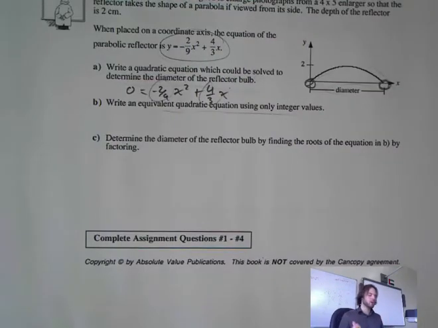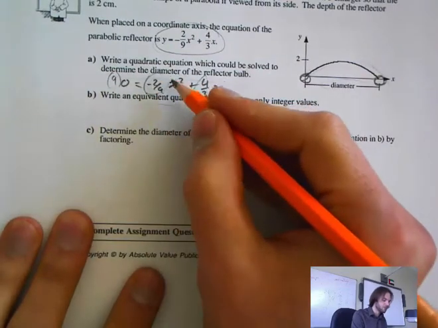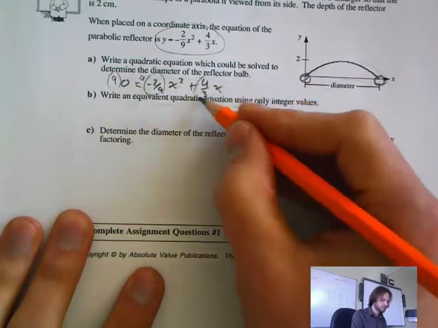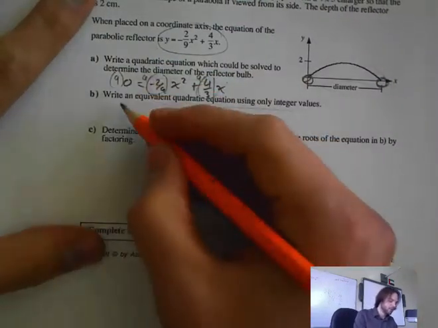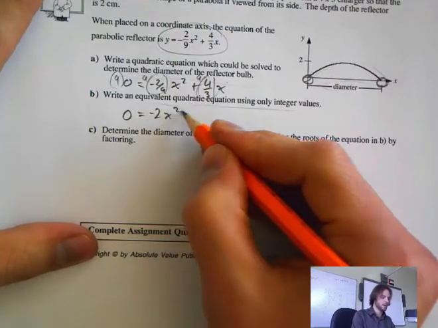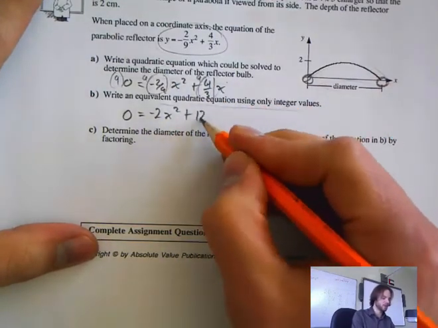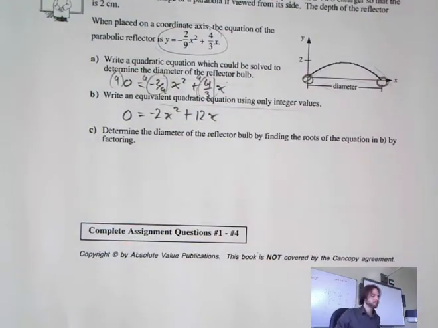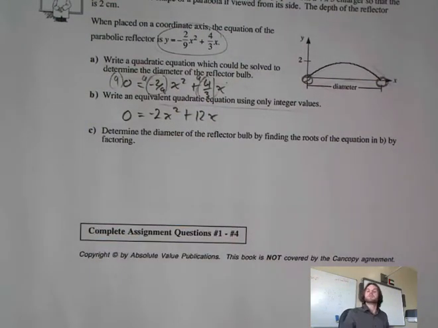But I can multiply everything here by 9, and I can get rid of all my fractions. Remember, I have to multiply everything by the same thing. So what am I going to be left with? 0 is equal to negative 2 x squared plus 9 times 4 is 36 divided by 3, 12x. That's it.